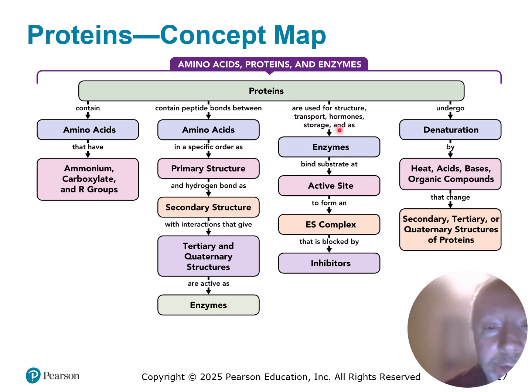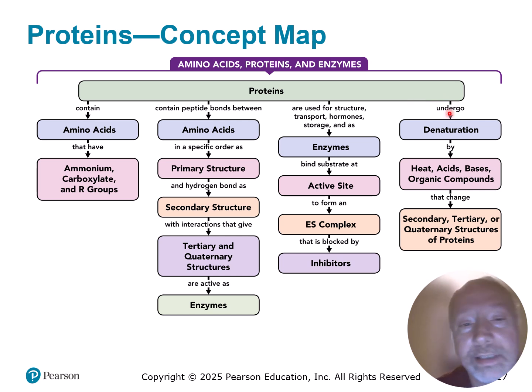Proteins are used for structure, transport, hormones, storage, and we have enzymes. Enzymes have active sites. At active sites, we form enzyme-substrate complexes to make products, and we have inhibitors that can stop this from happening and slow it down or stop it altogether. There are natural inhibitors. There are exogenous inhibitors that we add.